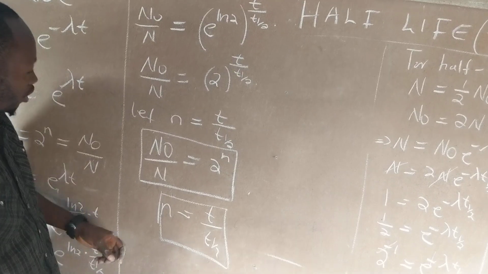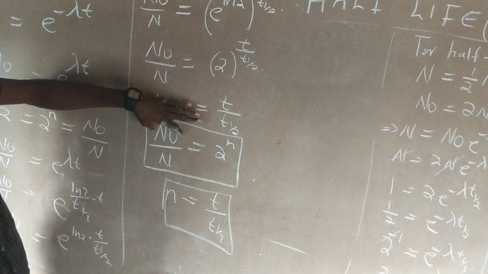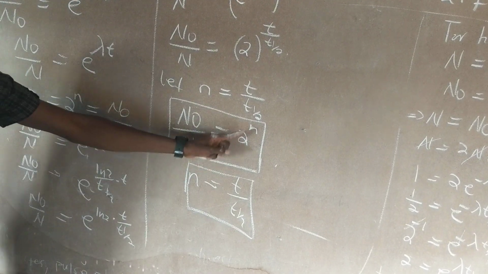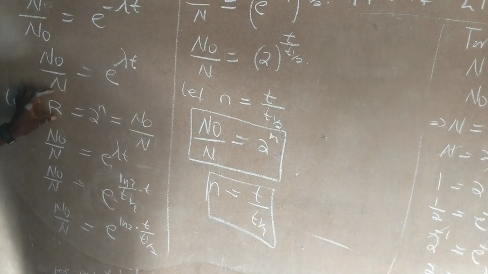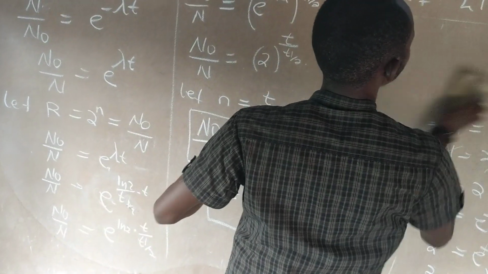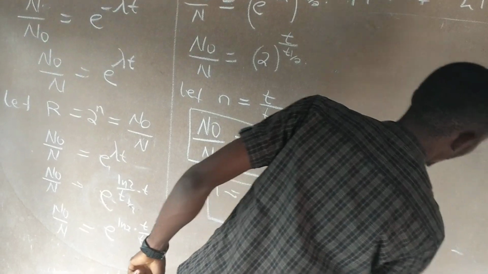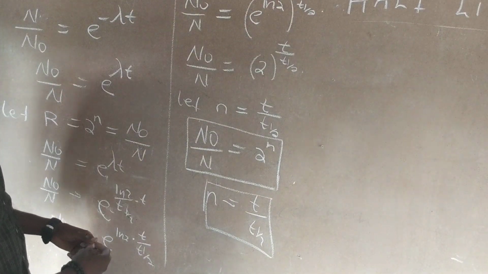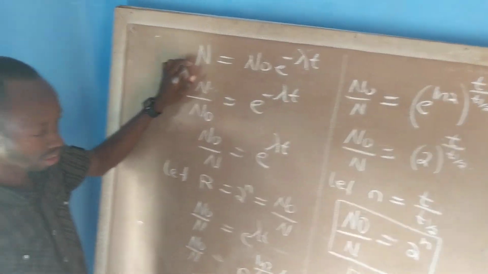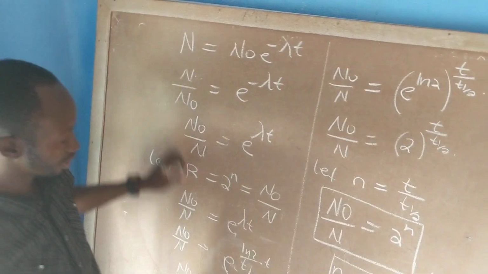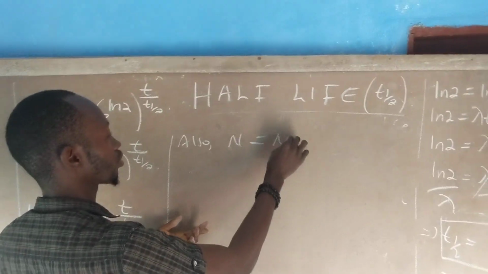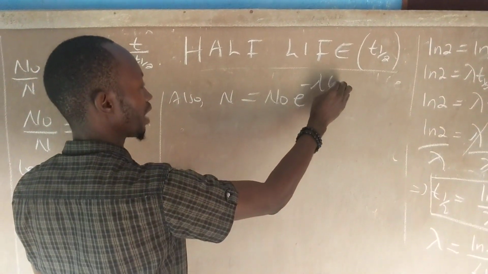N0 is the initial or original value, and N is the final value. This 2 to the power n is the same as R, which tells us about the disintegration ratio. Now, if we want the last formula which we can use to solve any half-life question, we recall again the same relation, N equals N0 e to the power minus lambda t.